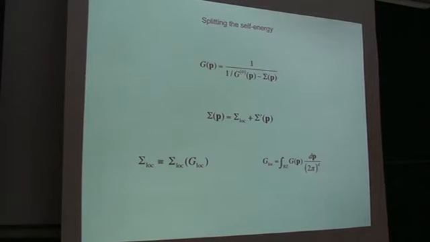So the idea of dynamical mean field theory mathematically is very simple. It says that, for whatever reason, on a lattice the self-energy consists of two parts, the so-called local part and the rest. And the local part is a function of the local Green's function.